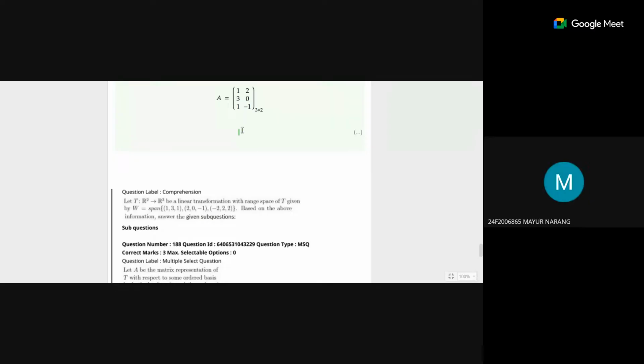Nullity means linearly independent variable means free variable. No, sorry. The basis vectors are only considered for nullity.